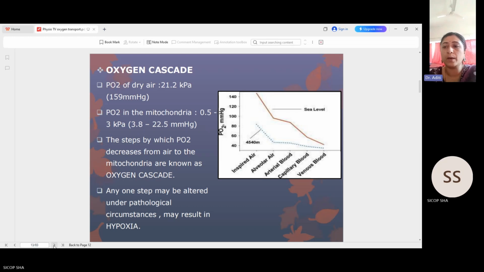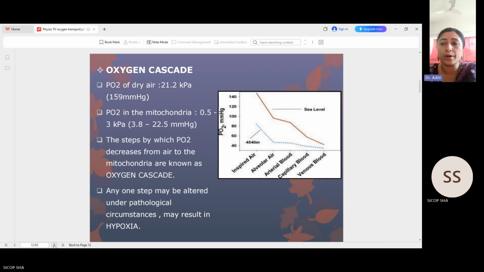Now let's discuss the oxygen cascade. So the partial pressure of oxygen in dry air is around 21.2 kilopascals or 159 mmHg, and then it starts decreasing by the time it reaches the alveoli, the arterial blood, the capillary and then the venous blood. So it will keep decreasing from the dry air till it reaches the cellular level.